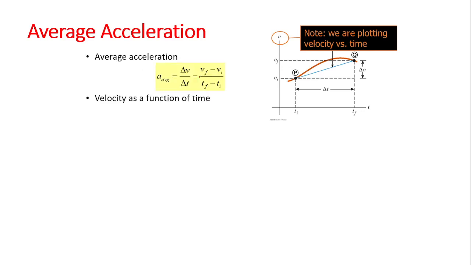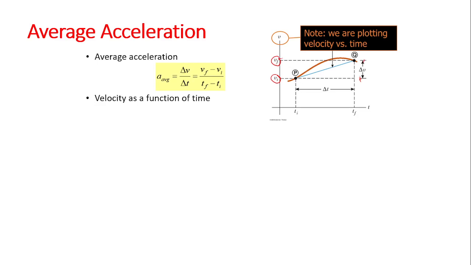Average acceleration is the same thing which I've already explained, equal to change in velocity over change in time. So Vf minus Vi, velocity final minus velocity initial, over time final minus time initial. So this is the velocity initial, and this is the velocity final, and this part is the change in velocity.